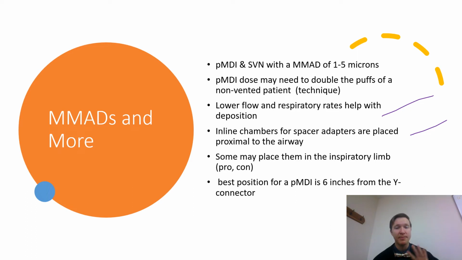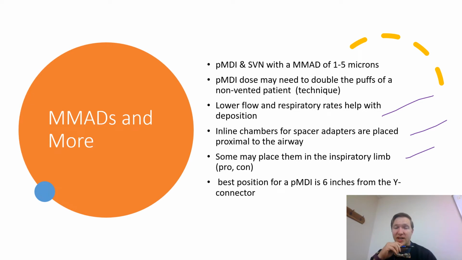Because when it goes back to what we started off with, compressibility, you're adding extra stuff in there. Does that change the ability of the circuit or the ventilator to deliver its tidal volume? Yeah, the compressibility will change the amount of tidal volume the patient gets, so you could have a change there. So if it's going to be a big spacer that you're just going to leave in place and it stays open all the time, maybe consider doing a short self-test to make sure you're not robbing the patient of tidal volume that they should be getting.